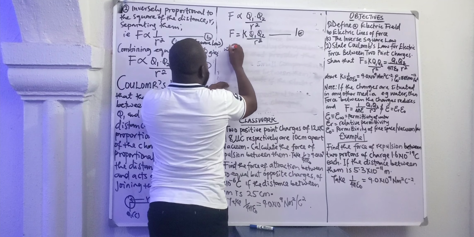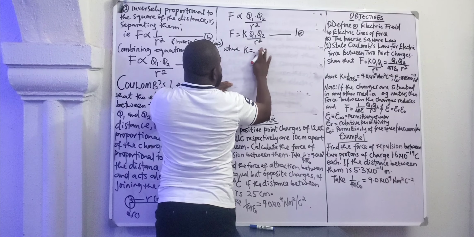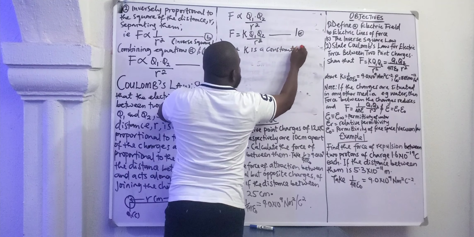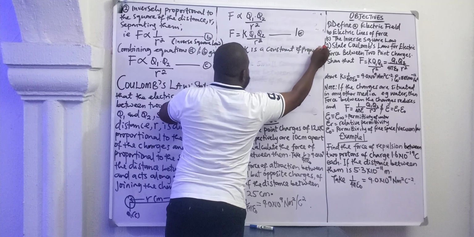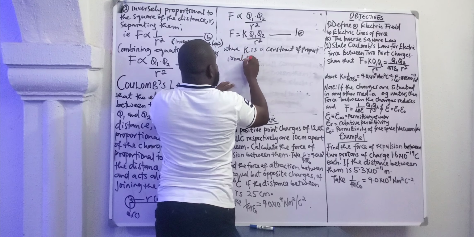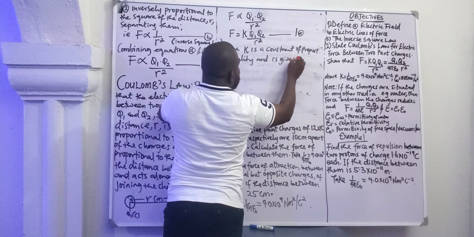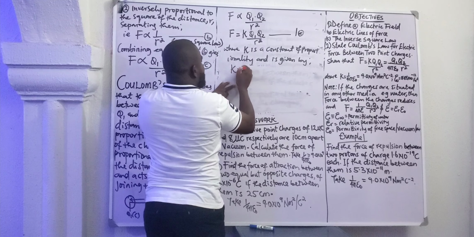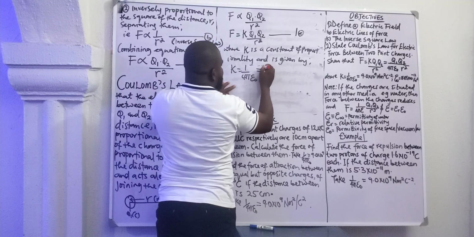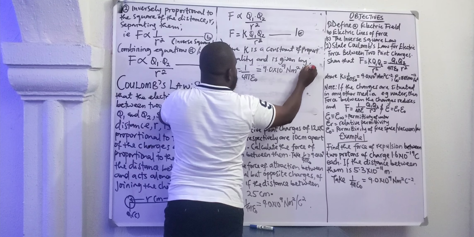Where k, or 1 over k, is a constant of proportionality, the constant of proportionality, and is given by k equals 1 over 4 pi epsilon 0, and this has a constant value of 9.0 times 10 raised to the power of 9 Newton meter square per coulomb square.